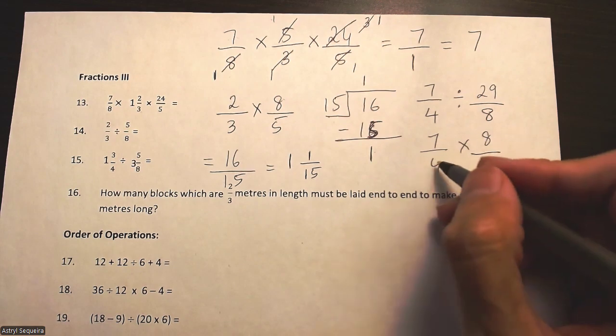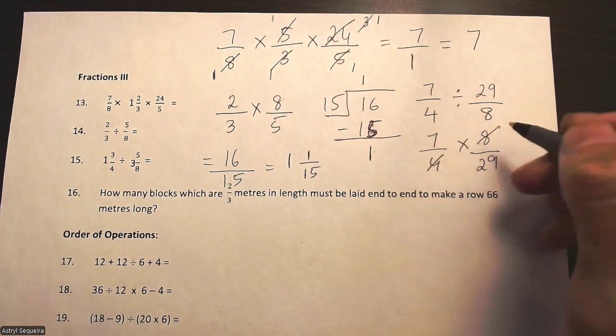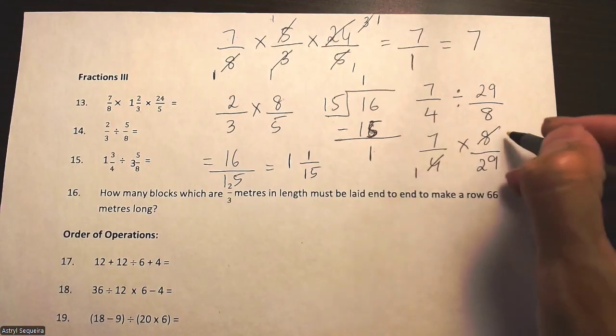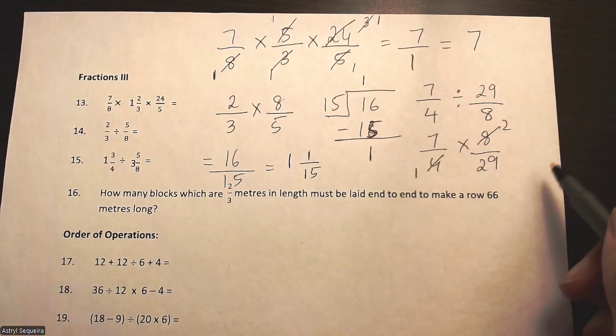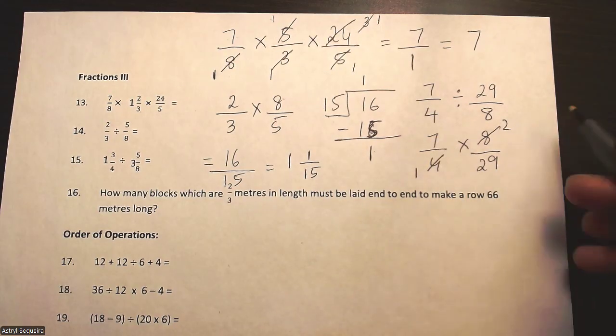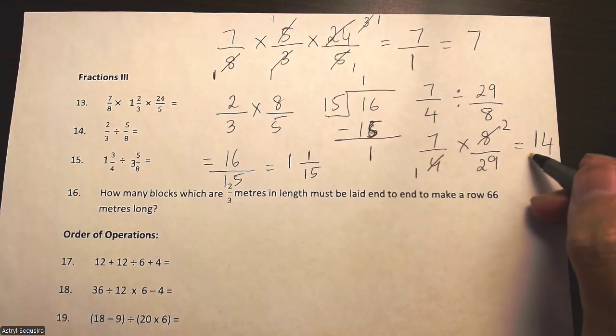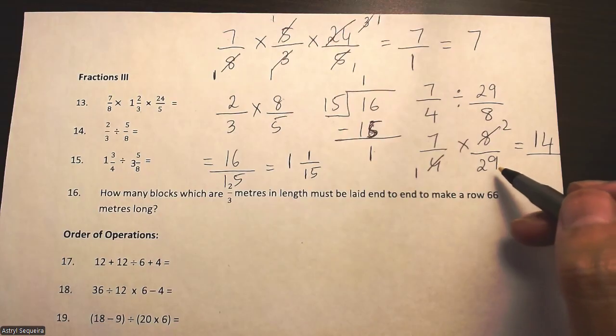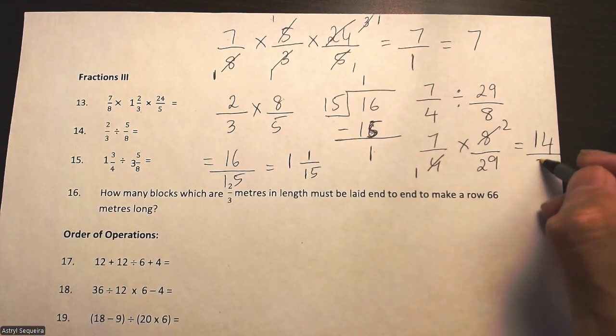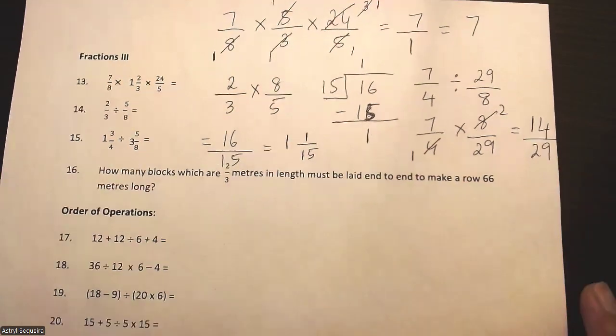Now this one can be simplified. I can divide 8 and 4 by 4. That's 1 and 2. Can't be simplified further. So 7 times 2 is 14. And then 1 times 29 is 29.